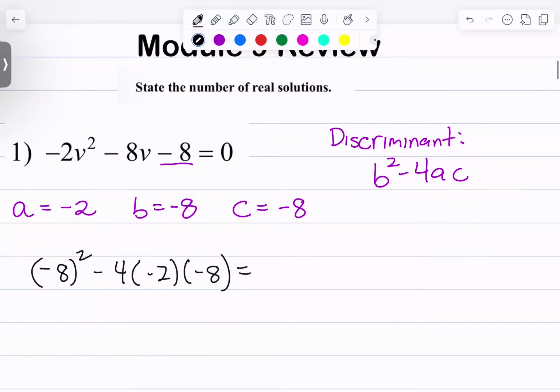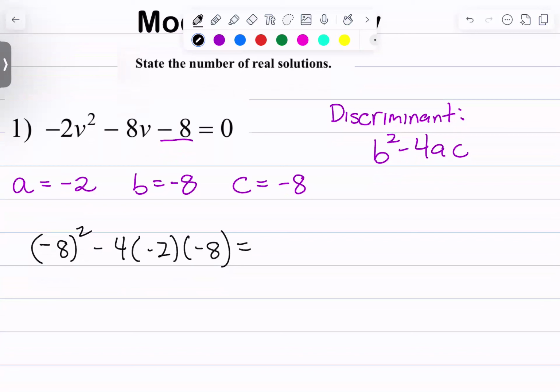B squared minus 4ac. So if you simplify it, -8 squared is 64. I have 3 negatives here, 1, 2, 3. 3 negatives will always make a negative, so I know it's a minus.